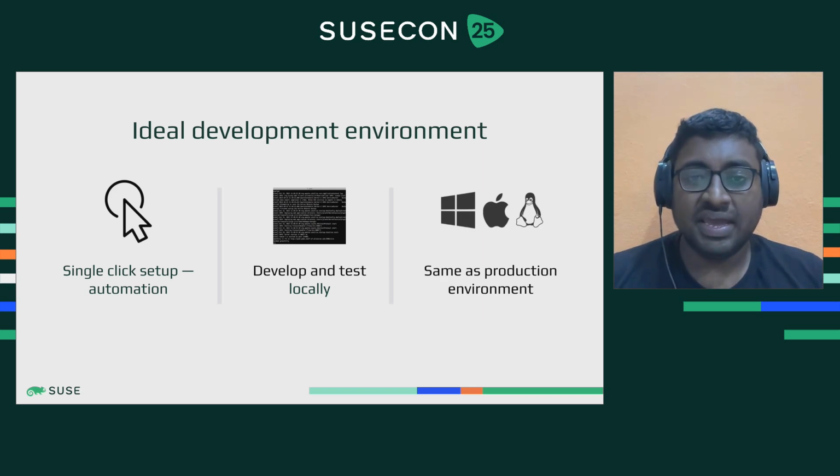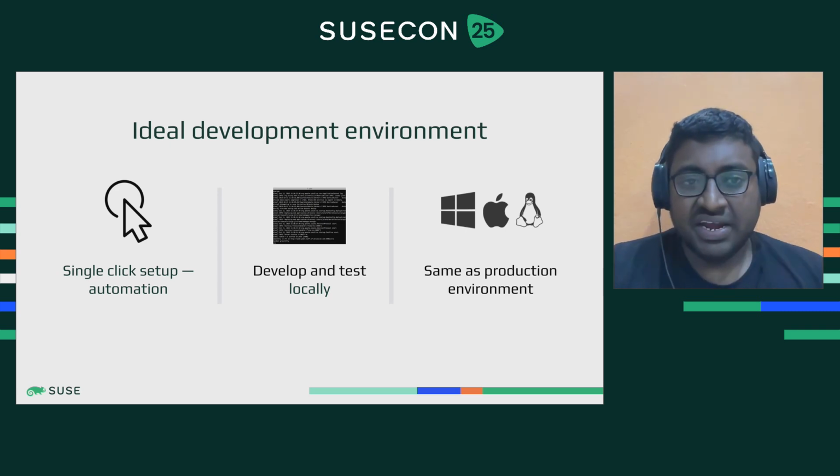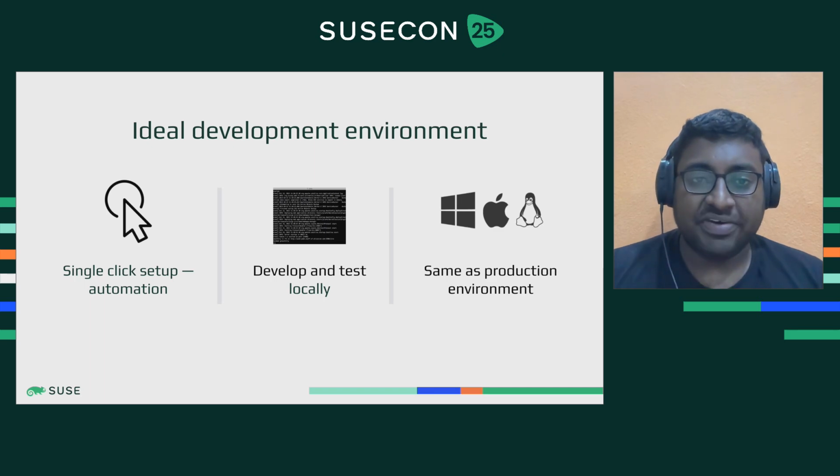It might take a couple of days to get a working setup. But instead, if you could have a single-click setup of your entire development platform, it would be easier for you. More importantly, you would be able to work on a feature, develop it locally, and test it as well. And we would like that environment to be the same as the production environment.